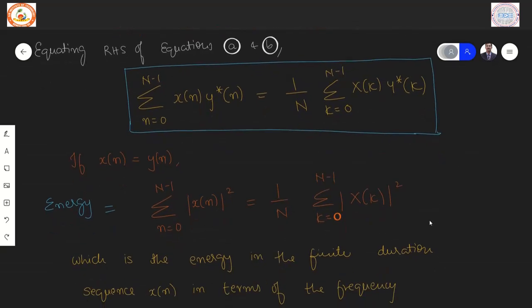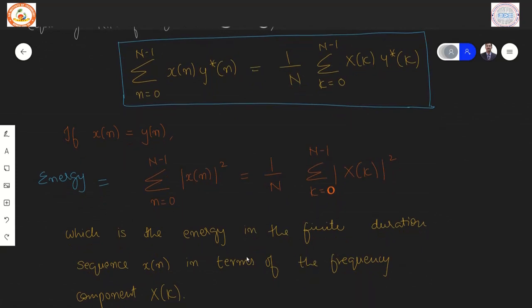So this is said to be the energy in a finite duration sequence x of n, both in terms of the time domain as well as the frequency component x of k. So this equation can be used to calculate energy of the signal both in time as well as frequency, and a simple example can be used to test the results whether it is true or not.